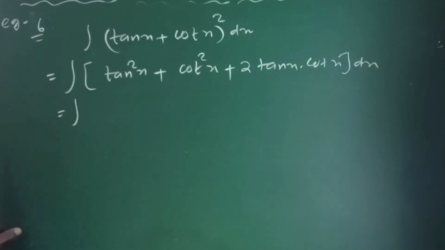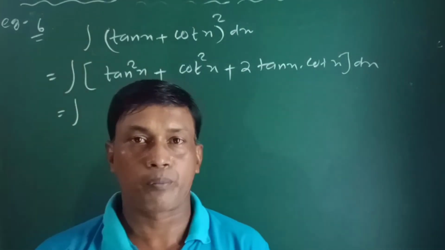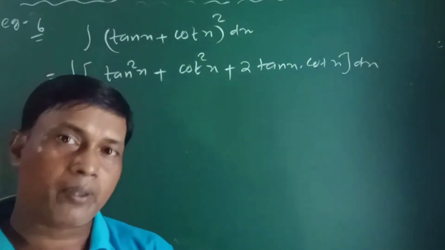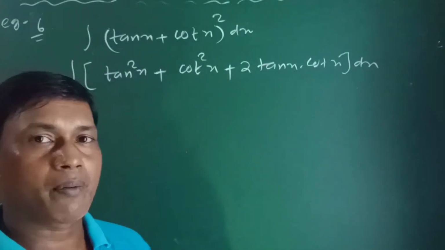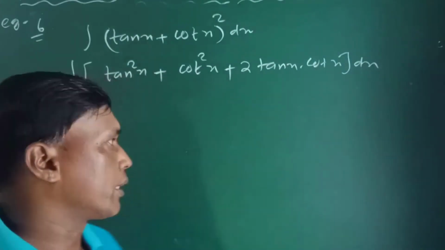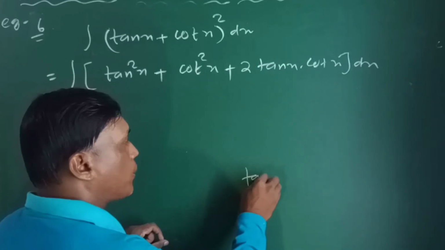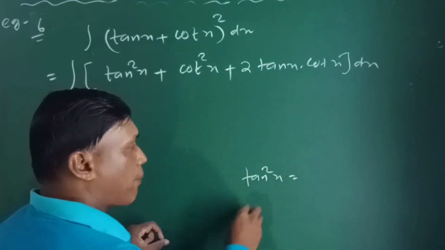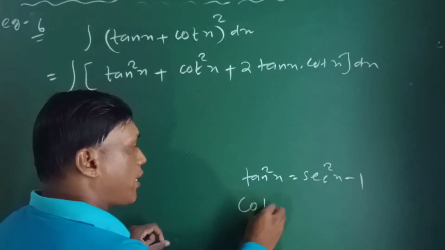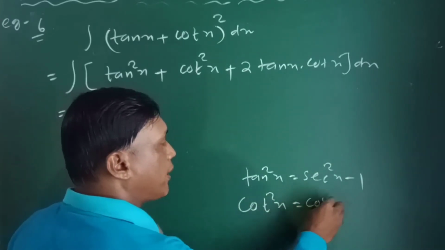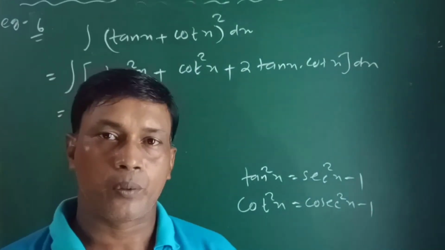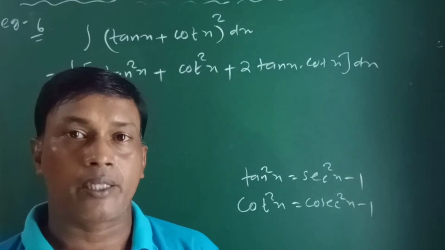Look at here. We have the formula for sec square x, but there is no formula for tan square. We have formula for cosec square x, but there is no formula for cot square x. Remember one important thing throughout integration: where you find tan square, just apply the formula tan square is sec square minus 1. Anywhere you find cot square x, you can apply cosec square minus 1.